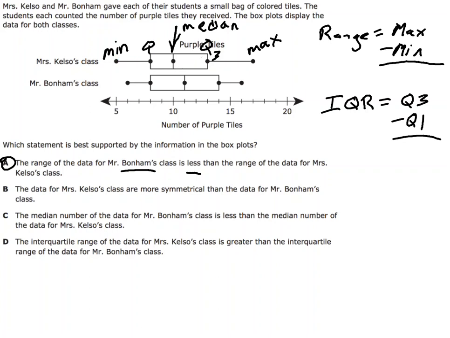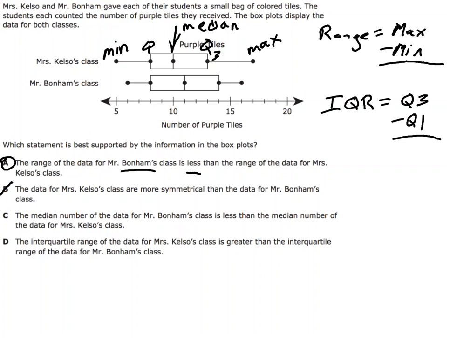But the thing about a box and whisker plot is they don't tell us what the mean is. So we're only guessing at that point. Because we don't know the mean, we can't for certain say that Mrs. Kelso and Mr. Bonham's class are symmetrical at all. All right. So I would not want to select that.